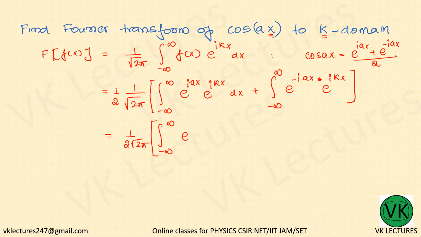So e to the power i x into (a plus k), or let us write (k plus a) into x dx, plus integral from minus infinity to plus infinity e to the power i, here k minus a or a minus k we can write, i into (k minus a) times x dx.